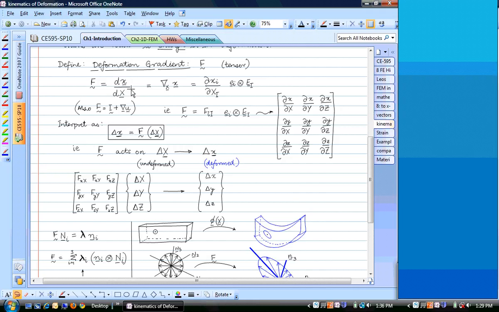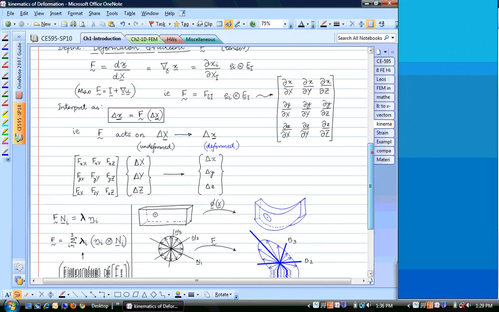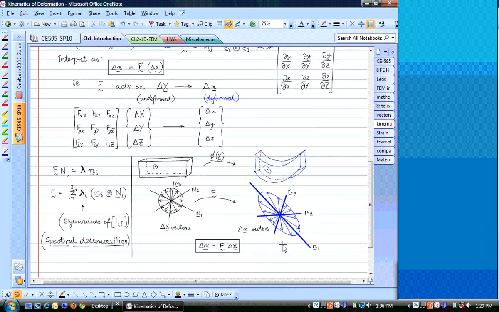And if you take higher derivatives, then you can model something more complicated than an ellipsoid. Those are called gradient theories, but we'll not get into that. For us, we will stick to F, the deformation gradient, which takes small infinitesimal vectors from the undeformed configuration to the deformed configuration.